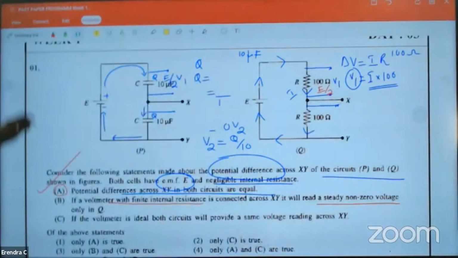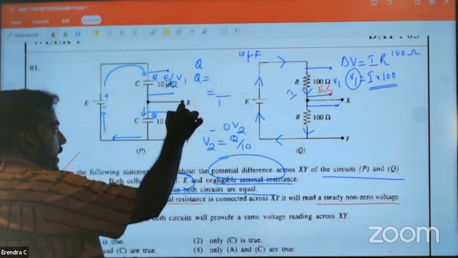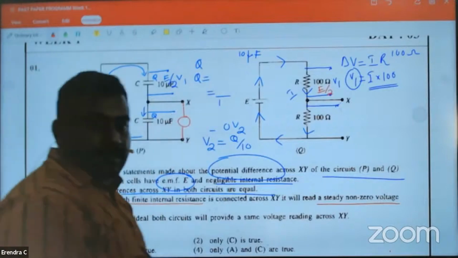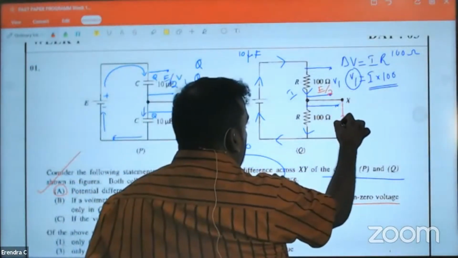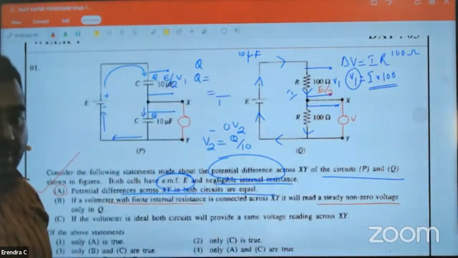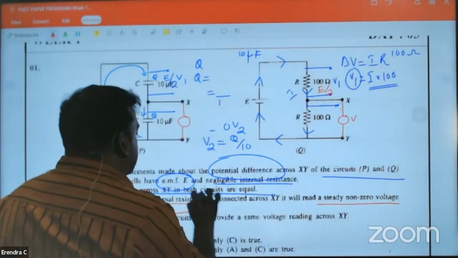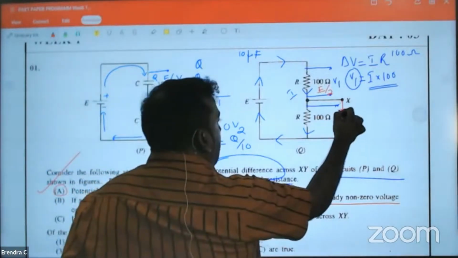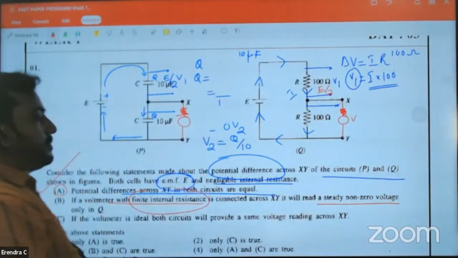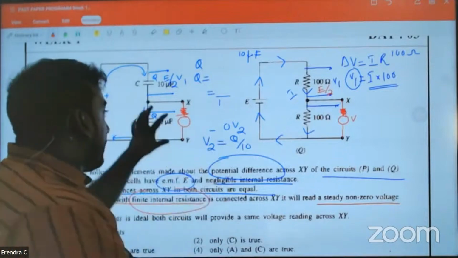Observe this now. If you connect it, what will happen? It has finite resistance. Carefully. Now what will happen? Now remember there is a capacitor connected here.